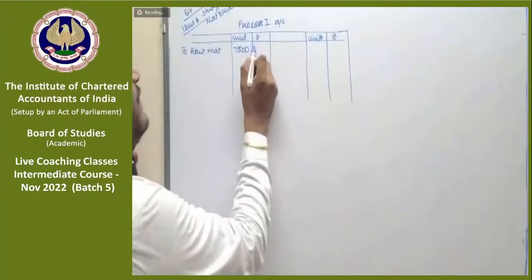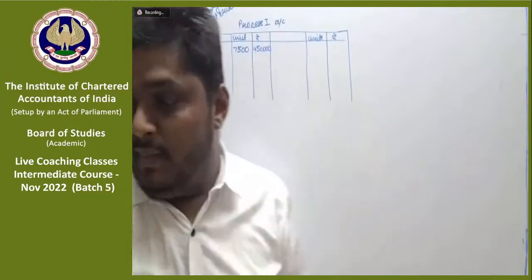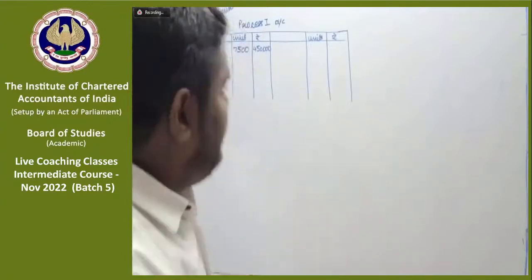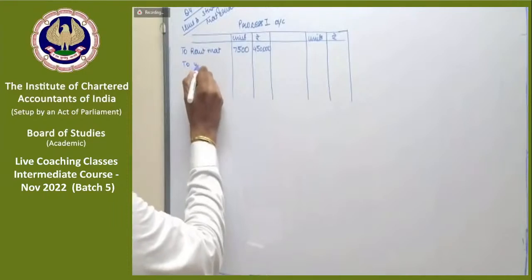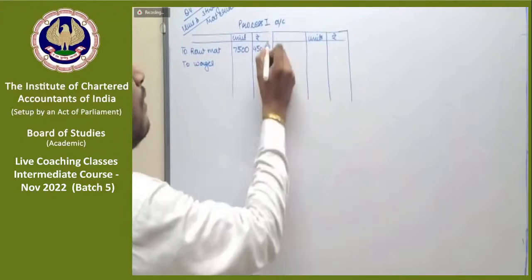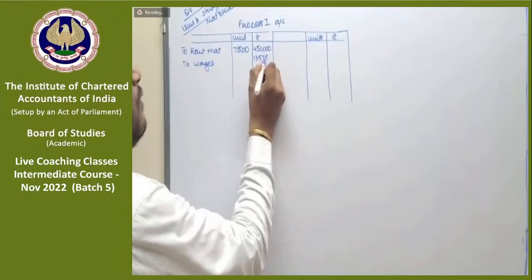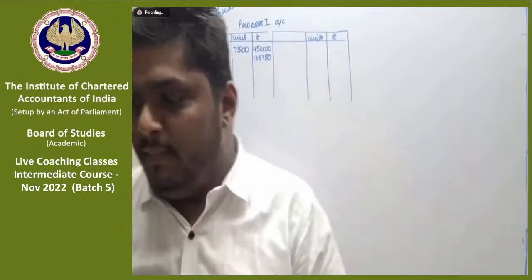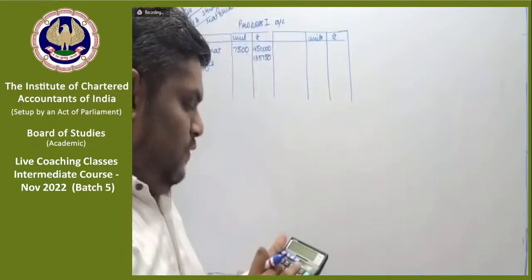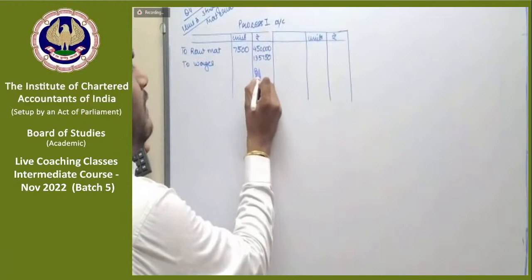So this is 4,50,000. Further, direct wages are given, that is 135,750. Further, the direct expenses are 60% of direct wages. So 135,750 into 60%, that is 81,450.